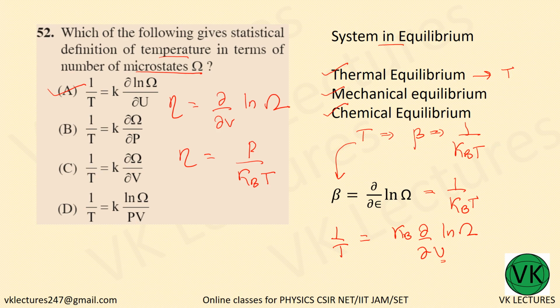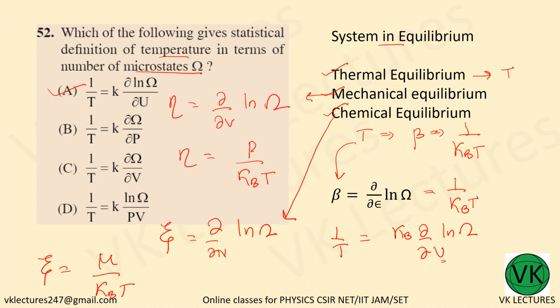For chemical equilibrium you can write zeta equal to dou by dou n of log omega, where n is the number of particles, and zeta is equal to mu by kBT.